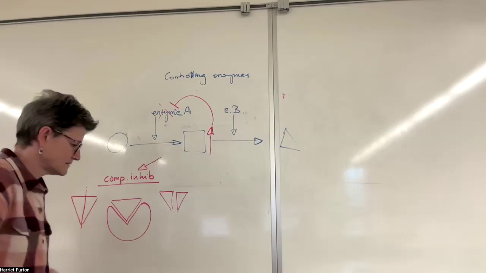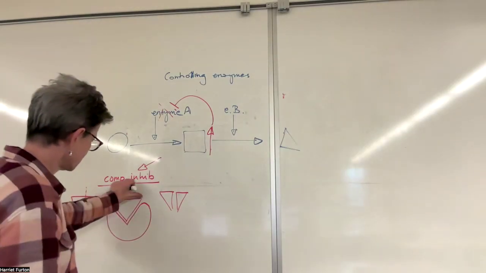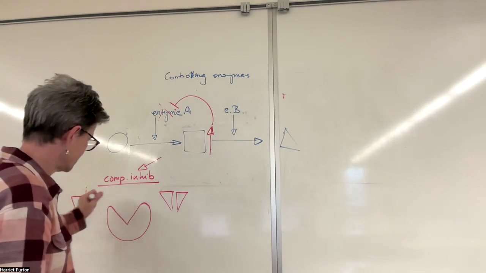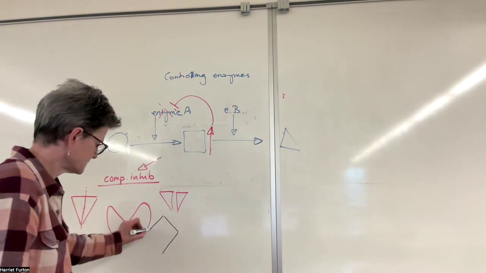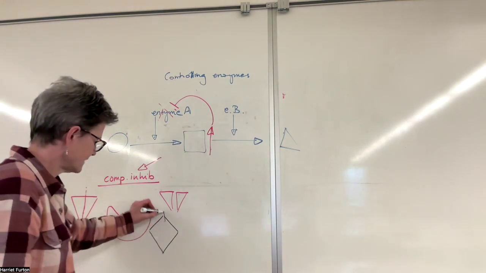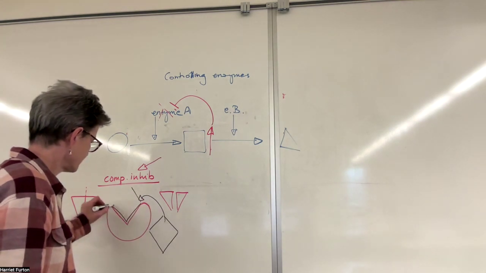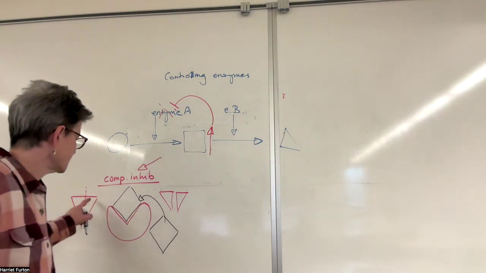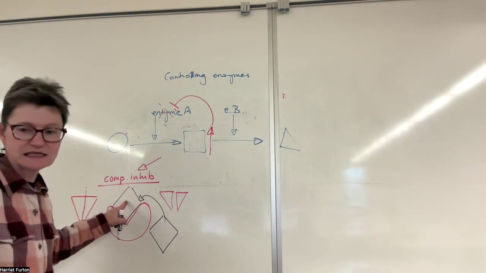And in our body, there will be another similar shape substrate like this. So this can sit in here and blocks the enzyme's activity to convert the triangle to 2, but instead this one is sitting in here.